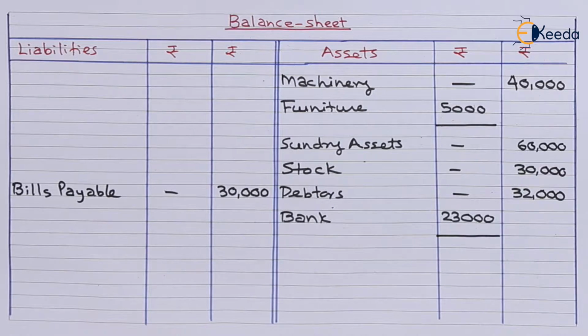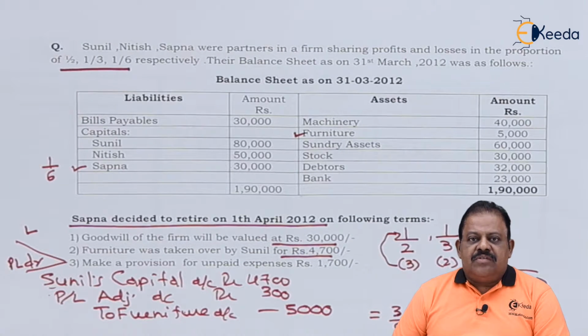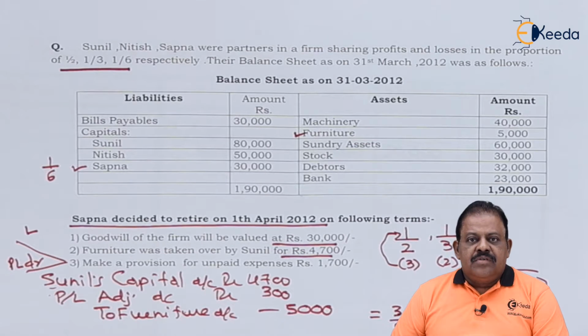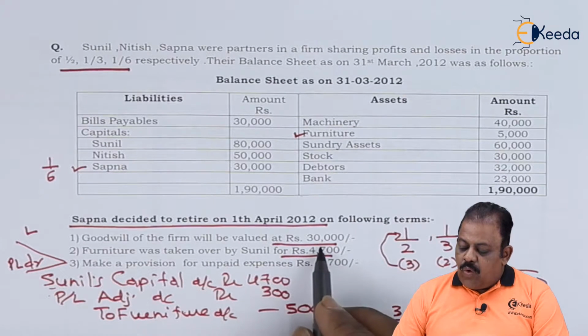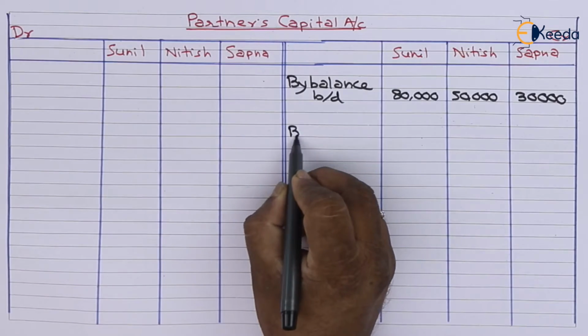Let us go through the adjustments now. Goodwill of the firm is valued at 30,000, that is, goodwill is raised at its full value. So the entry will be goodwill account debit to all partners capital accounts. This will be divided in old ratio, that is 3:2:1.